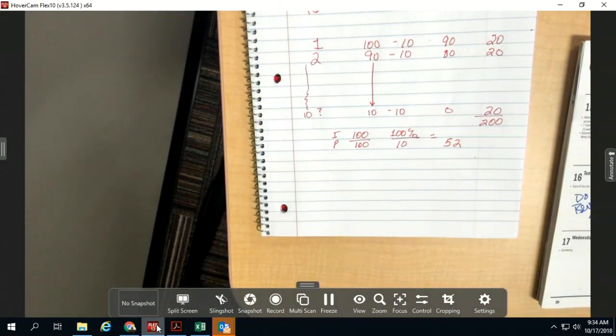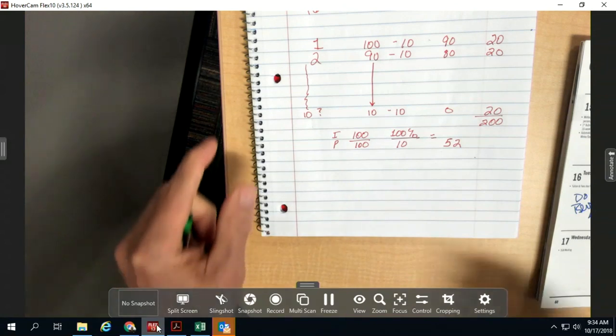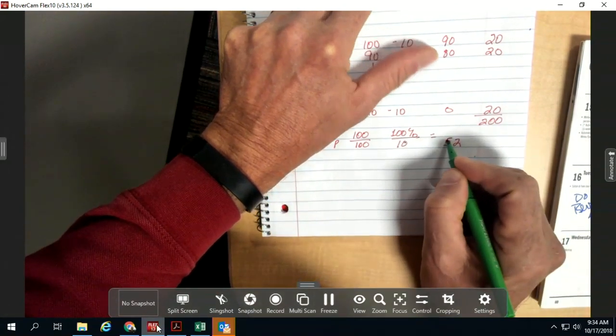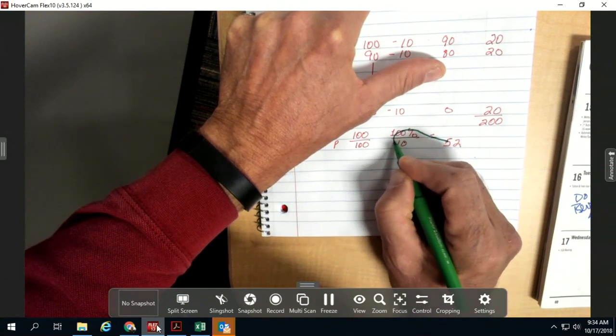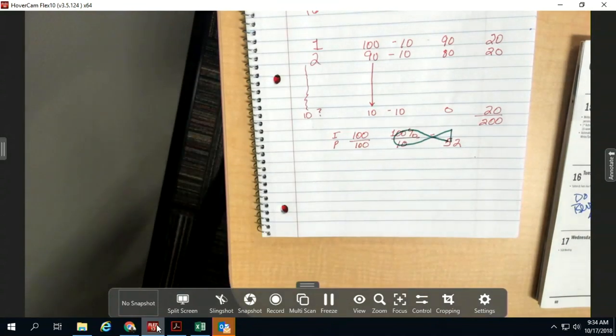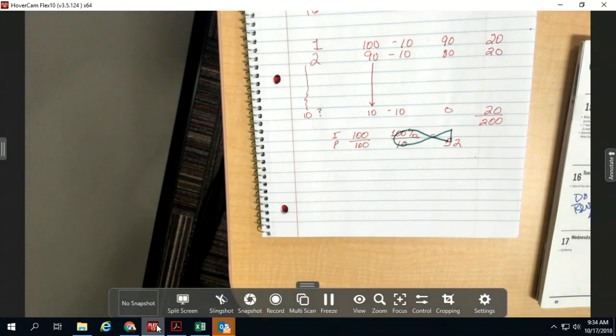So my other math class said, when I was in school, we learned the fish principle. Has anybody else ever had the fish principle? You take the numbers and you can make a fish. 52, what are you going to press?